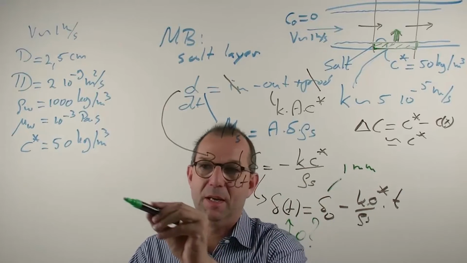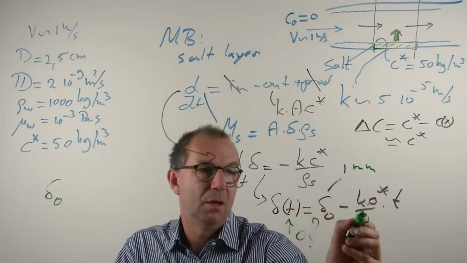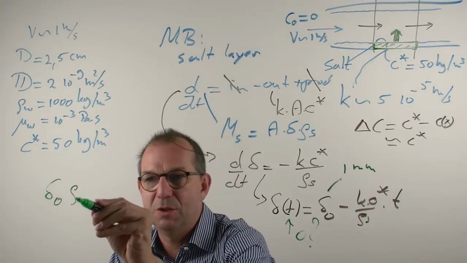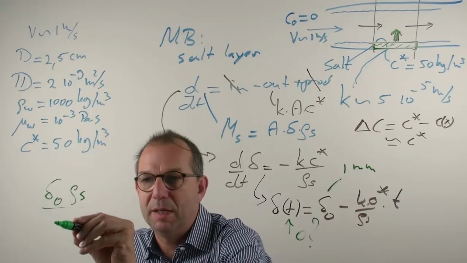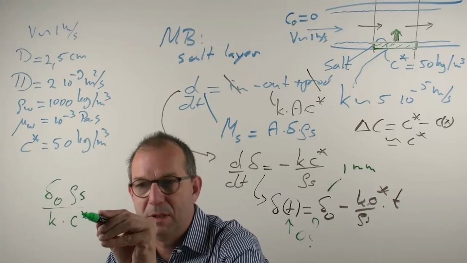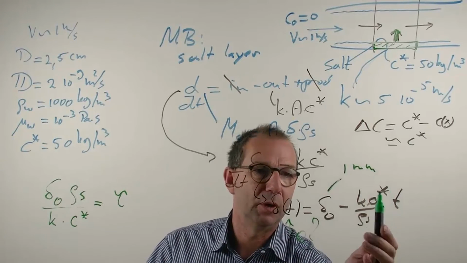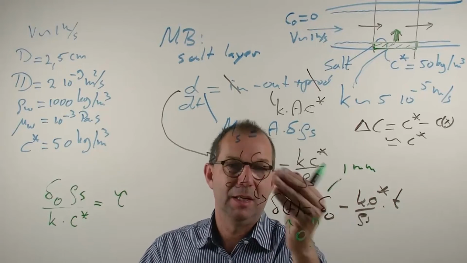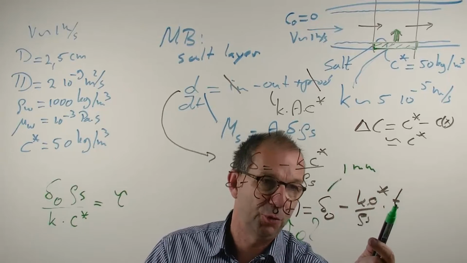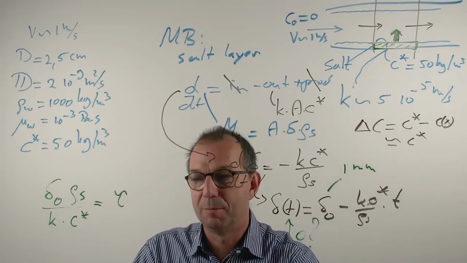So if I equate that, then I get delta 0 multiplied by the density of the solid divided by K divided by C star equals the time, I call that tau, that I'm looking for. I just move this to the other side and solve for the time that I call the dissolution time, tau.